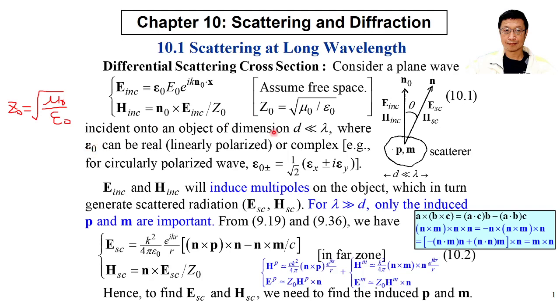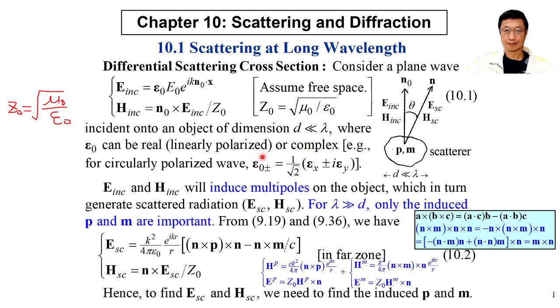And so epsilon 0 can be real, or can be a linear combination of two polarizations and become a circularly polarized wave, such as epsilon x plus or minus i epsilon y. The plus expresses the positive helicity, minus means the negative helicity.